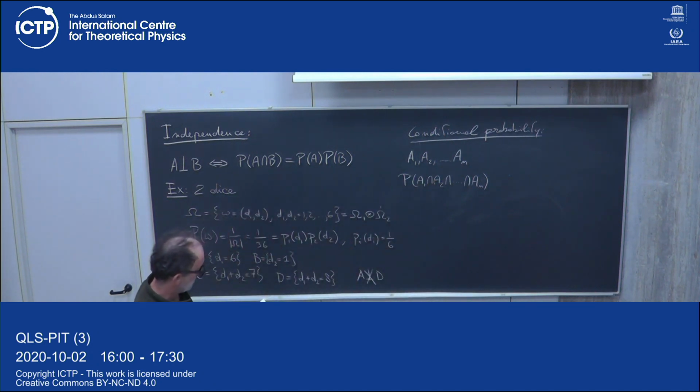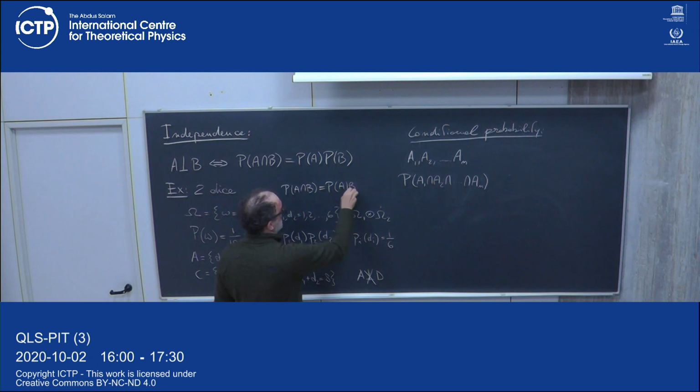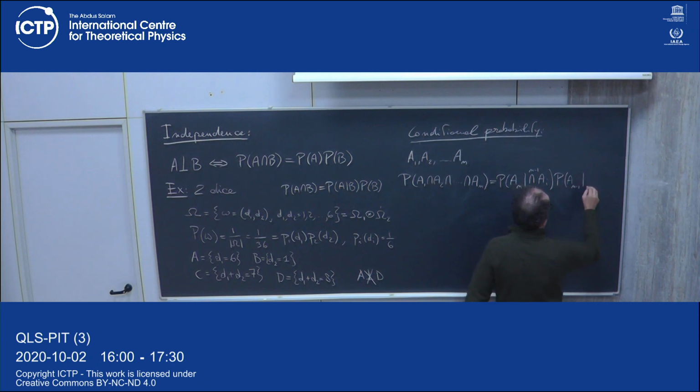by using just the relation that we have derived so far, so that the probability of A and B is the probability of A given B times the probability of B. And so you can write this as the probability of AN conditional on all the other events times the probability of AN minus 1 conditional on all the remaining events times the probability of the second event given A1 times P of A1.